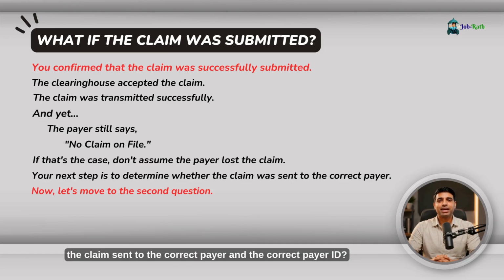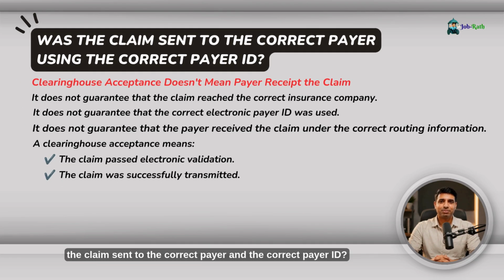Was the claim sent to the correct payer and the correct payer ID? Many beginners see that the clearinghouse shows accepted and immediately assume everything is fine. But that's a common mistake. Remember, a clearinghouse acceptance only means the claim passed the electronic validation process and was successfully transmitted.